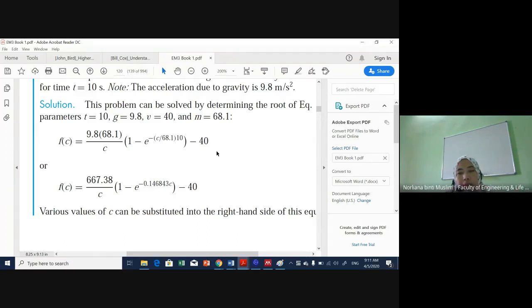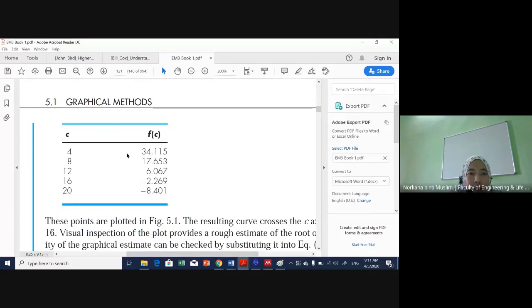Graphical method. For sketching, we are supposed to start with a table, like this table, but this is not enough. There are 5 pairs of points between C and FC.